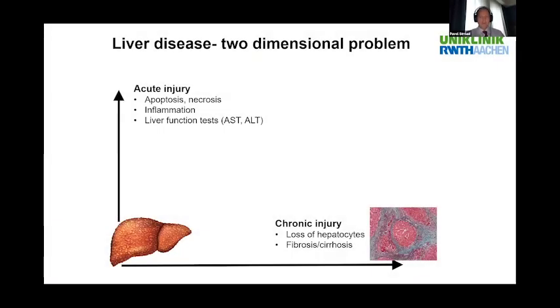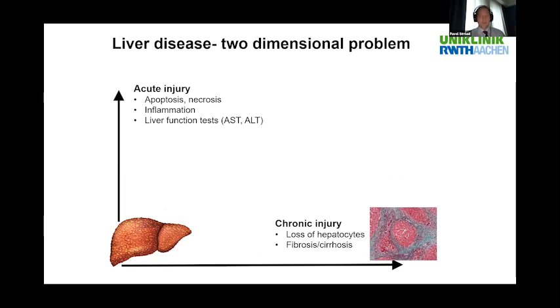To give you an idea how to develop liver biomarkers, I would like to start by giving you an idea how liver disease works, and that you basically have two different processes going on in parallel, and two different types of well-established biomarkers.